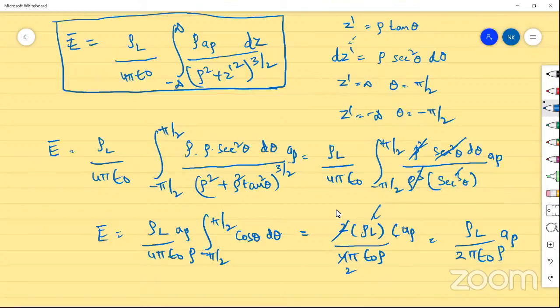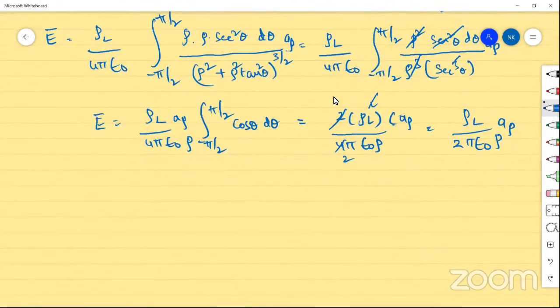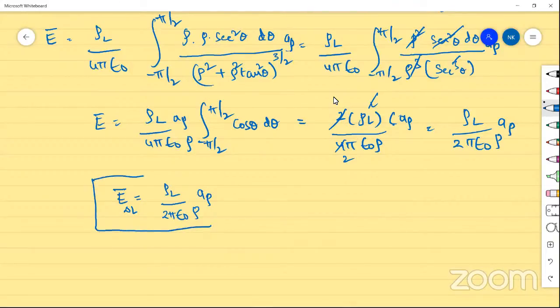So what is the electric field due to an infinite line charge? The electric field due to an infinite line charge is rho L by 2 pi epsilon rho into the arrow. So this is the electric field due to an infinite line charge.